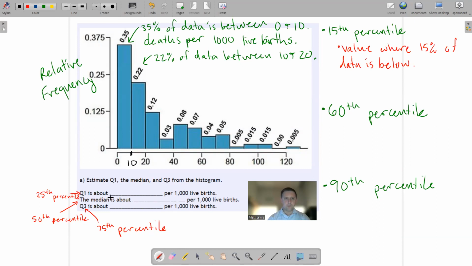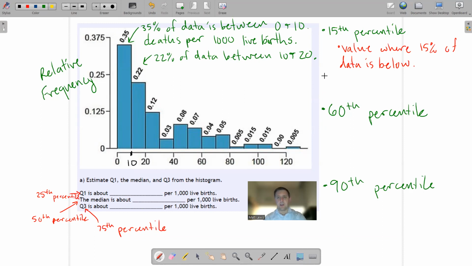Okay. All right, now to start making progress on calculating this percentile, let's look at this number 10 here. The fact that 10 is the endpoint of this first bin, and this bin goes all the way up to 0.35, tells me I can make a statement here.